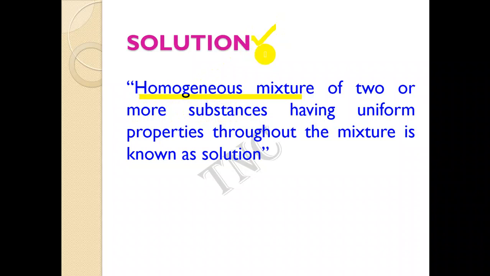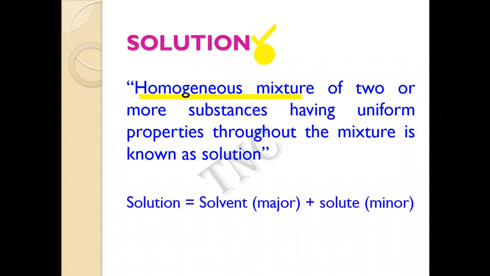Then in solution, since it is a mixture, we may have two or more substances, right? So with two substances, one would be a smaller quantity, which we say as a solute. Another would be a large, major quantity, that is known as solvent.